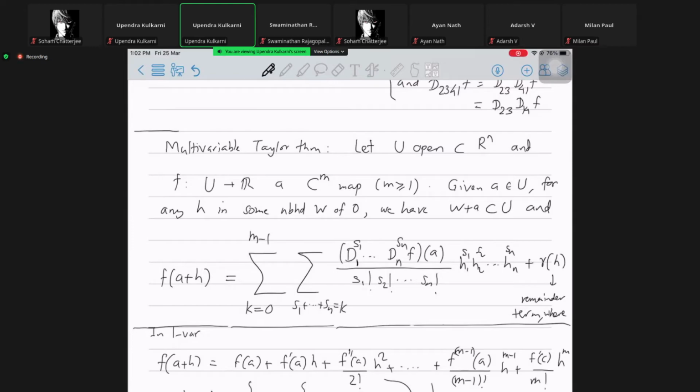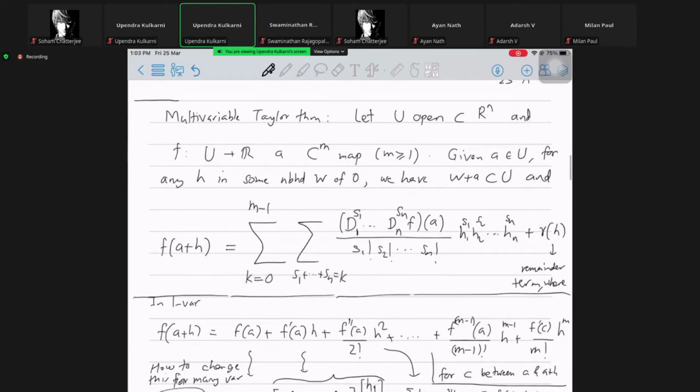What we are simply saying is that just put a little ball in U around A, so that it is entirely contained in U. And I can think of this as a translate of a ball near 0 just by adding A. The reason why I'm doing it this way is I'm thinking of H as something small. H is added to A, no? So H is something small. So H is in some small neighborhood of 0.